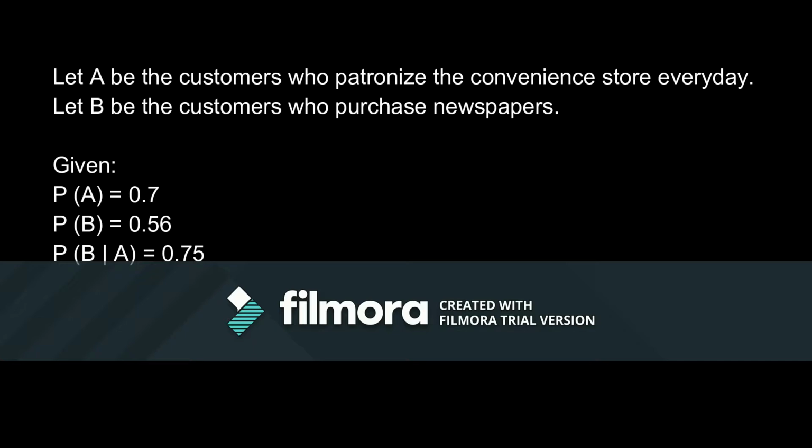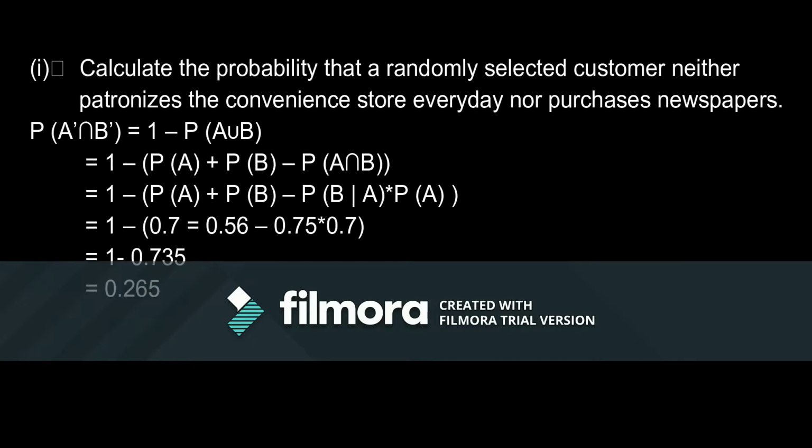Given that the probability of A is 0.7, the probability of B is 0.56, and the probability of B given A is 0.75.